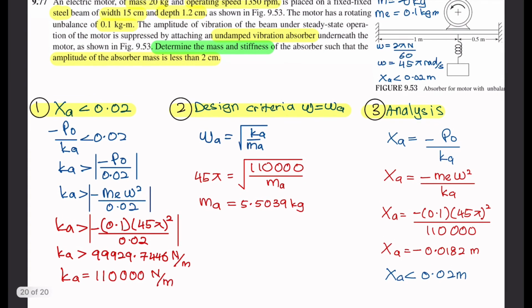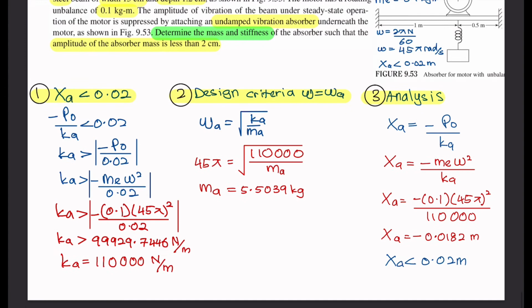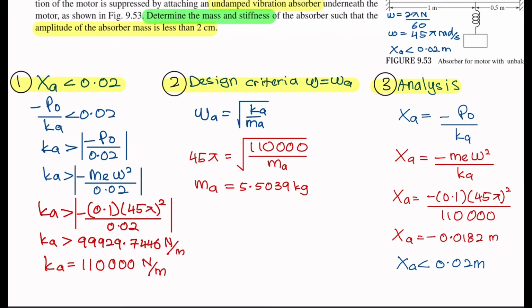We want a fixed value because we are doing a design question, so let's say we choose 110,000 Newton per meter. You can also choose 100,000 straight away, but since Ka needs to be more than this, you can choose any value more than that. Doesn't matter.